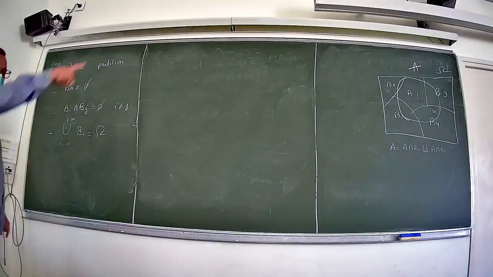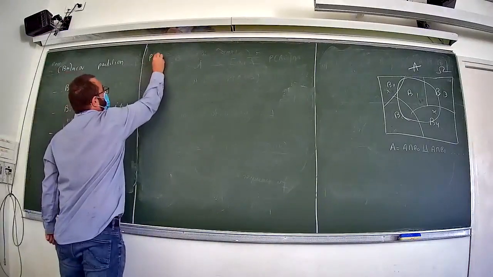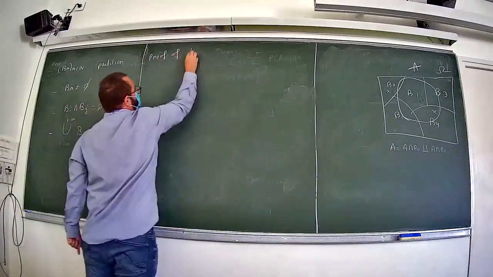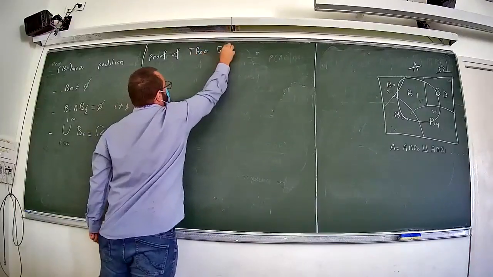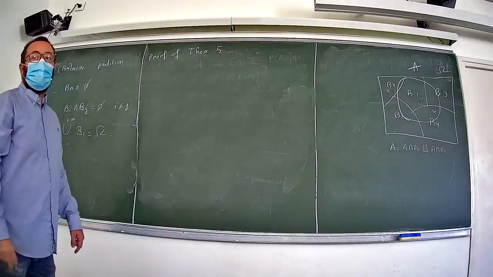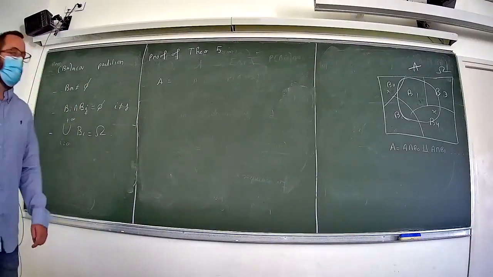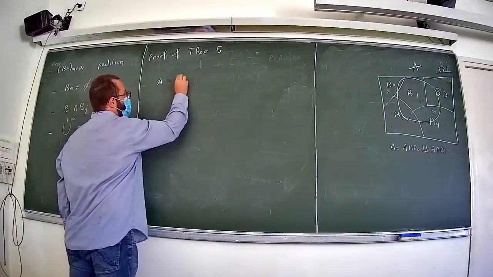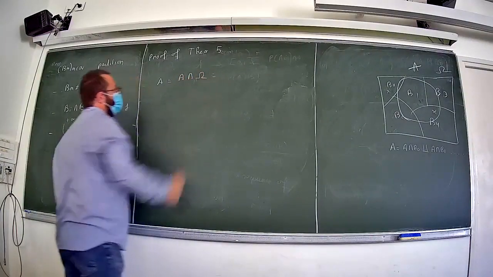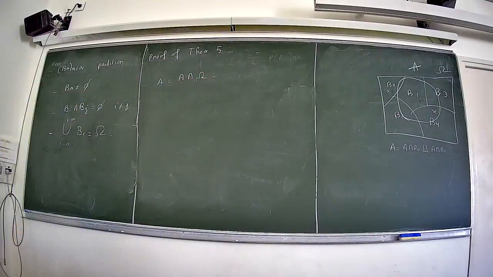So I do the proof of theorem 5. I start from A, the set that interests me. A is equal to A intersected with omega, because A is included in omega. Omega is the universe, so I have written nothing new here. But I know that omega is the union of all the Bi.